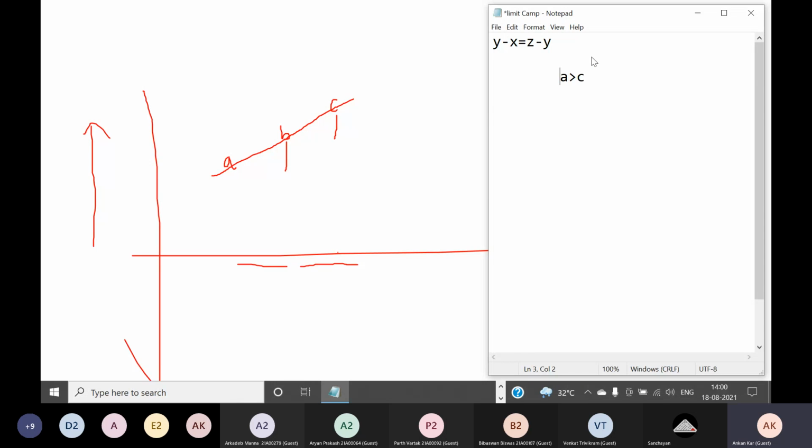Okay, B is less than C, and B is greater than A. There will be three cases most probably, okay, clear, right?